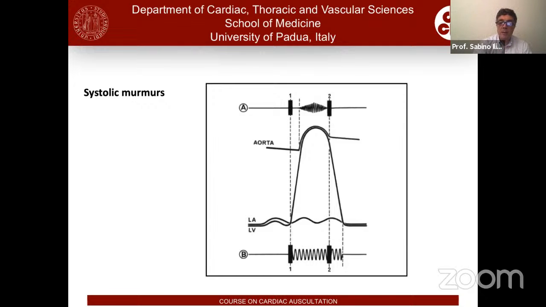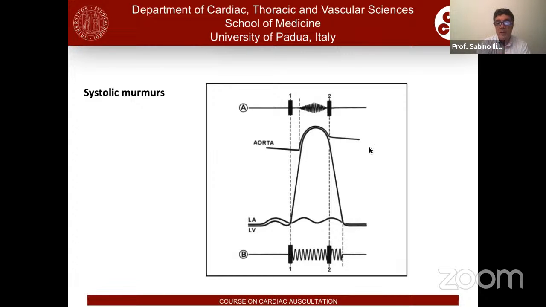In the second situation, the murmur is created in systole by the regurgitant fraction of output that will return in the left atrium, and that's the reason why the murmur is named regurgitant. In the first case, the murmur will end with the closure of the aortic valve, while in the second case, the murmur can continue for a short time after closure of the second sound.